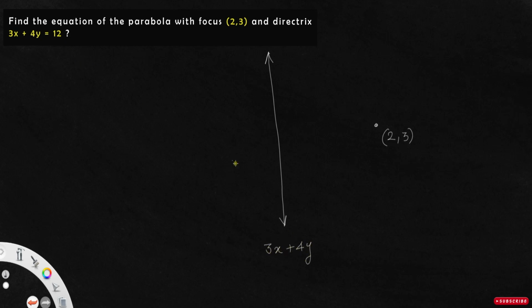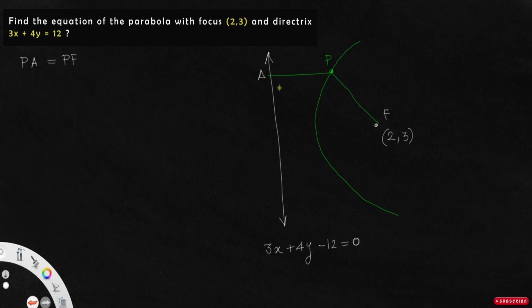Let me take this 12 to the left, so minus 12 equal to 0. So this is the directrix. So I need to find the equation of the parabola. So if I take a point P here, we have, as discussed before, this point is A and this point is F. We have PA is equal to PF.